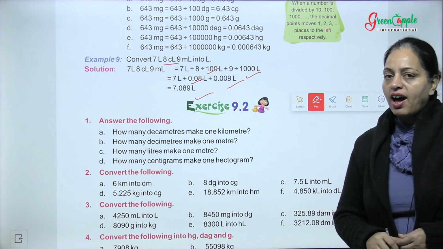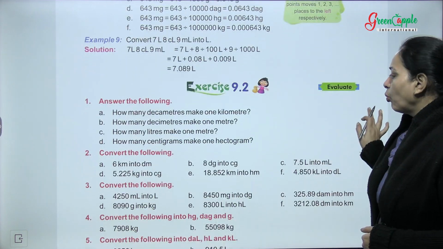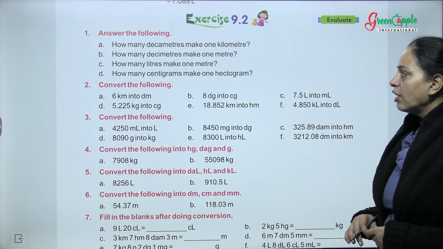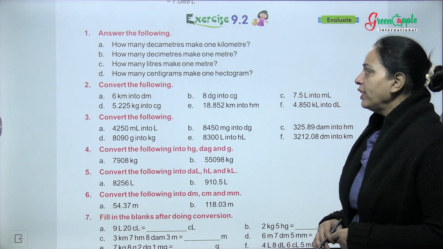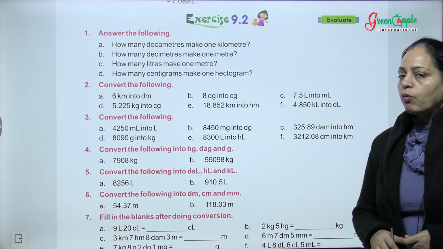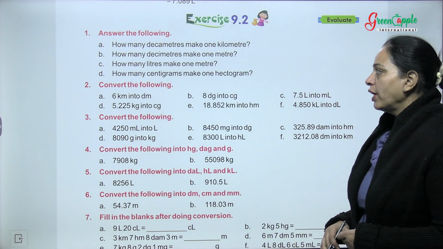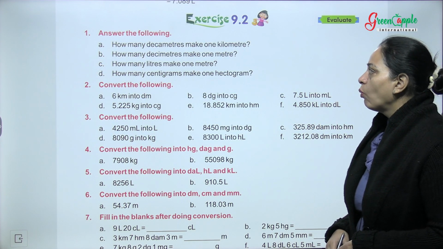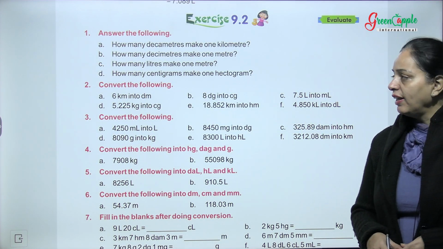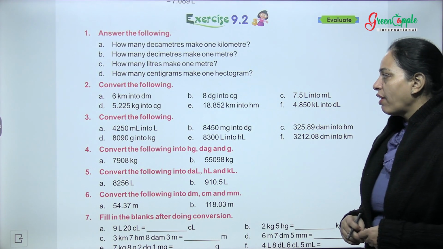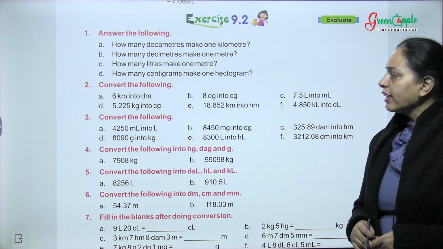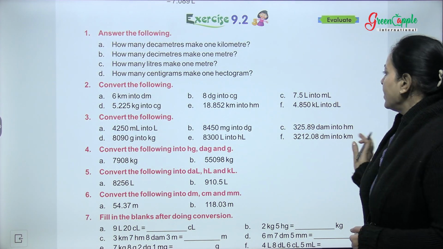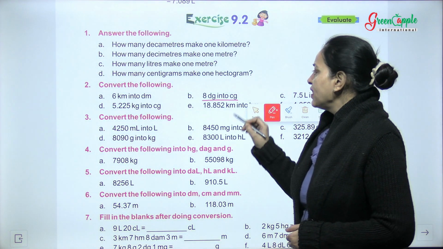This is the answer. Now exercise 9.2 based on such type of examples, like the question number 1, answer the following. A part, how many decameters make 1 kilometer? So 100. Okay, then B, how many decimeters make 1 meter? 10, right? So similarly you can try these questions. Now the second one, convert the following, like here B part, 8 decigram into centigram.